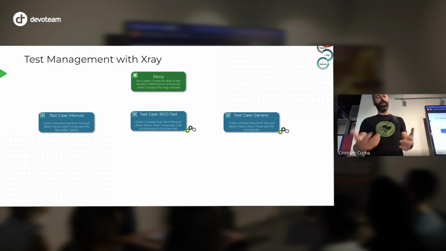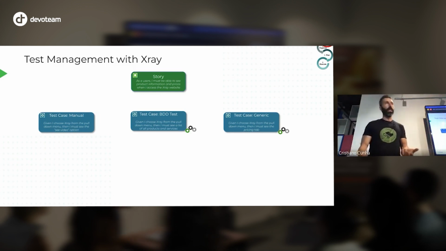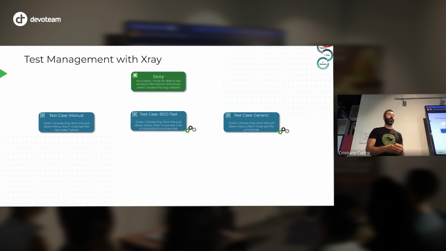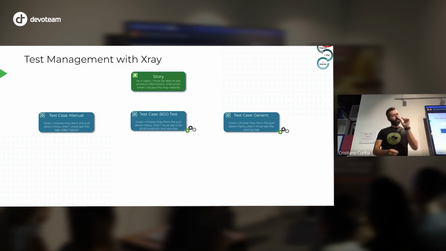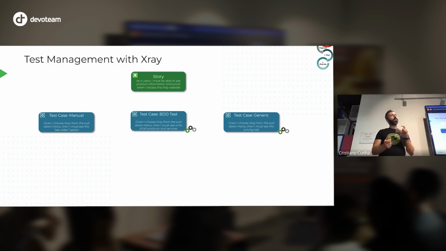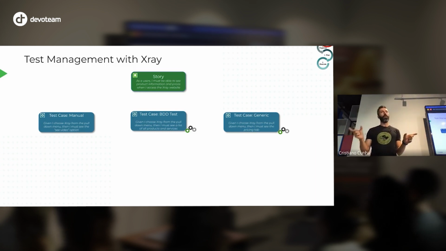You have another type that we have allowed that is BDD tests, where you can write your tests in Gherkin language. So you can use given, when, and then directly on Jira and write those tests. If you use these types of tests, you will need to decide what is the source of truth. Either you write those tests in Jira or on your automation framework, in order to have the source of truth in one of these places.